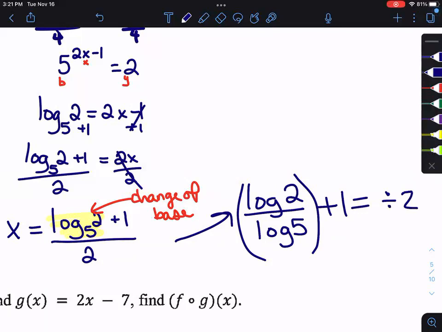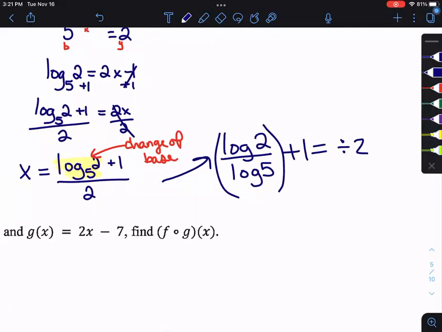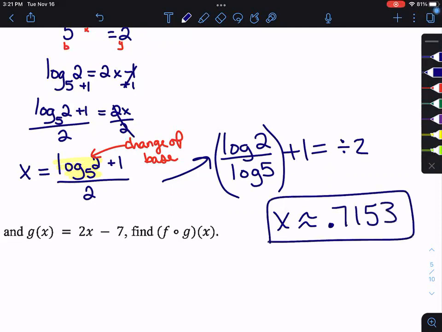You could also hit equals before you add 1. Could use double sets of parentheses. There's a lot of ways you could type this in, but you've got to be very careful doing that. You should get an x value when you round to 0.7153. And again, you've got to keep 4 places after the decimal.